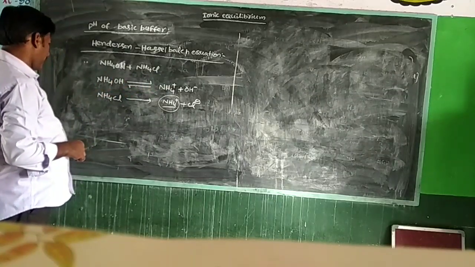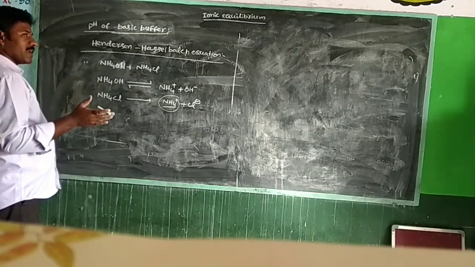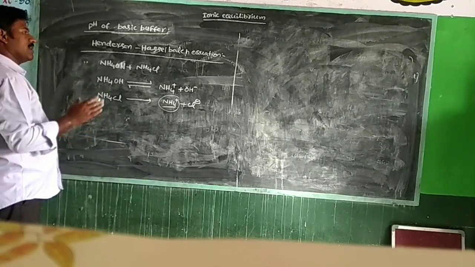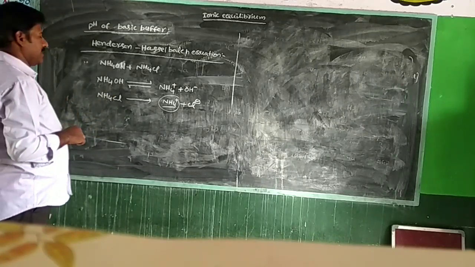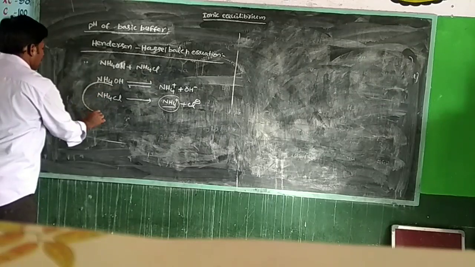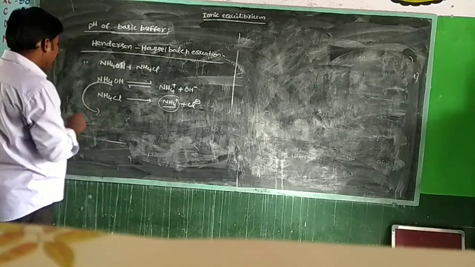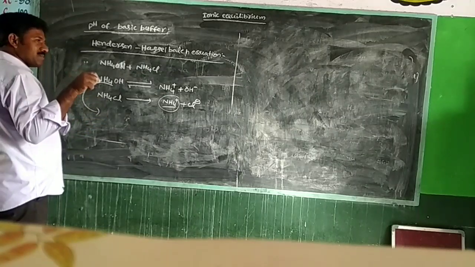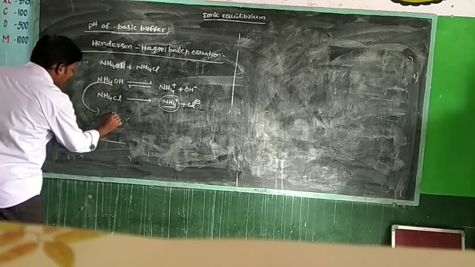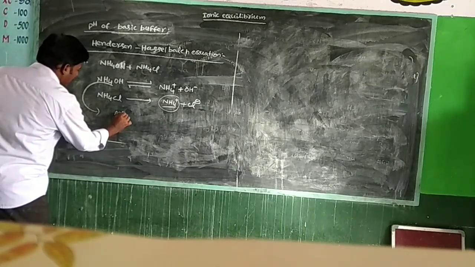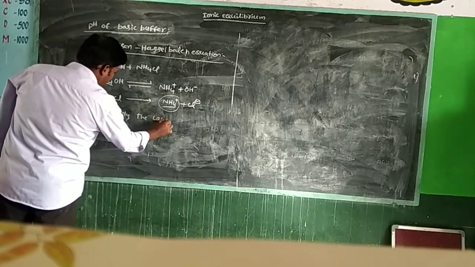That's why, to find the pH, first calculate for the base and then the buffer, and you can easily calculate the pH. First, find the Kb, the equilibrium constant of base, that means the base dissociation constant. Then apply the law of mass action.